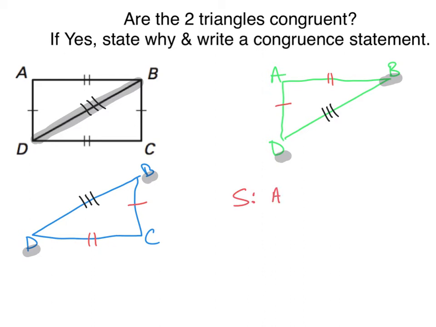I have AD right there, and that is congruent to, now notice, A to D. D is part of this middle side, whereas A is part of the other sides. Now if I go over here, I can't just simply say, is it BC?